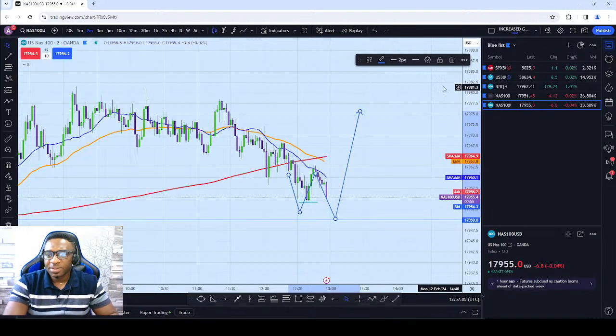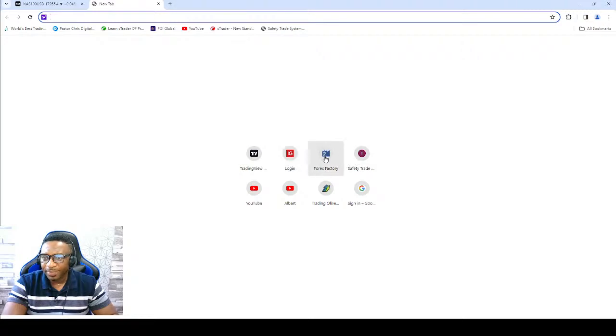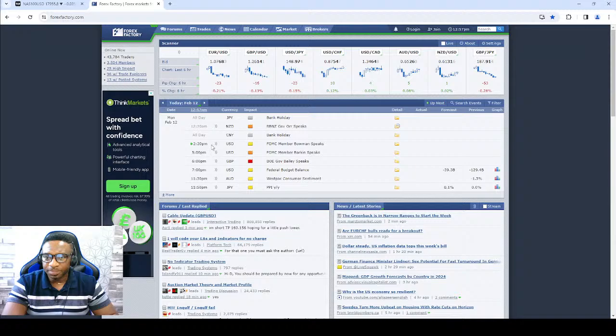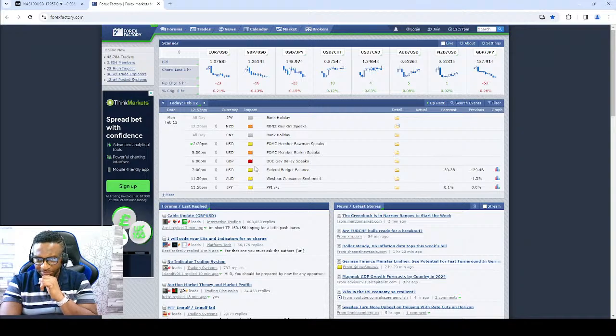Let's see if there's any news item that could spark things up. Today is the 12th of Feb. The next news item is at 2:20. After that we have 6 p.m., that's British news, British pound.